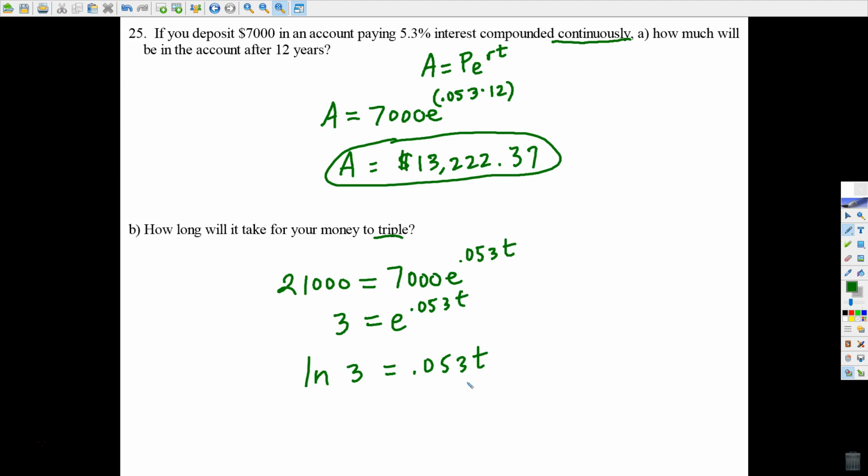And we get 20.728, but we're just going to round to the nearest year, we're going to say about 21. So the answer to the question, it would take about 21 years, at this rate, for 7,000 to become 21,000.